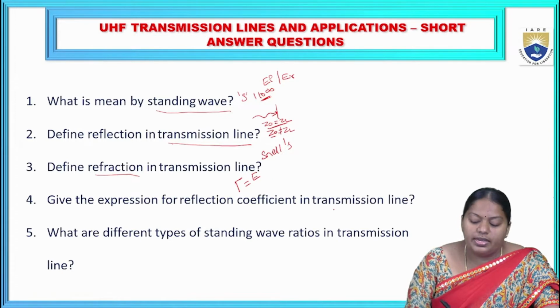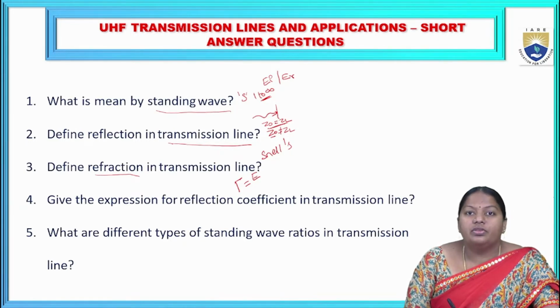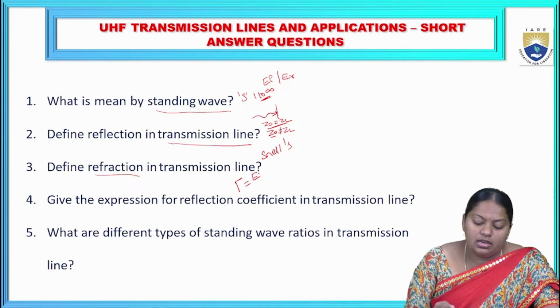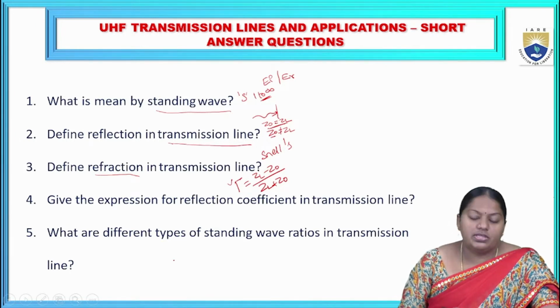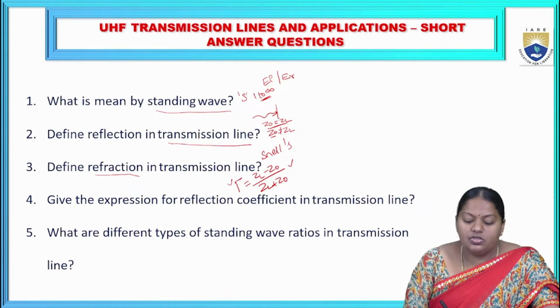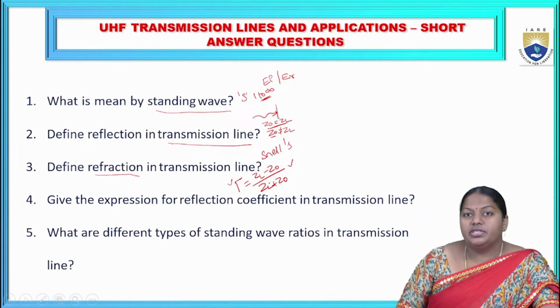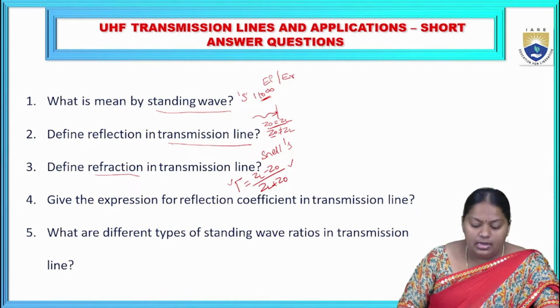In terms of load impedance and characteristic impedance, gamma equals ZL minus Z0 divided by ZL plus Z0, where ZL is the load impedance of the transmission line and Z0 is the characteristic impedance of the transmission line.